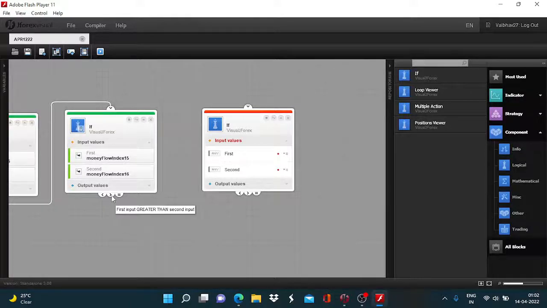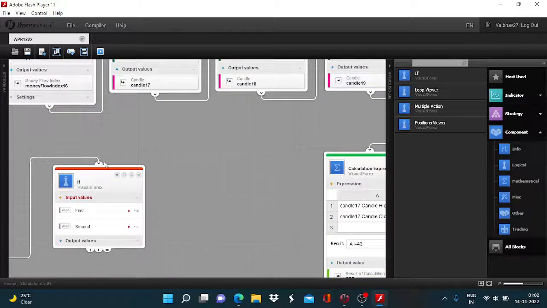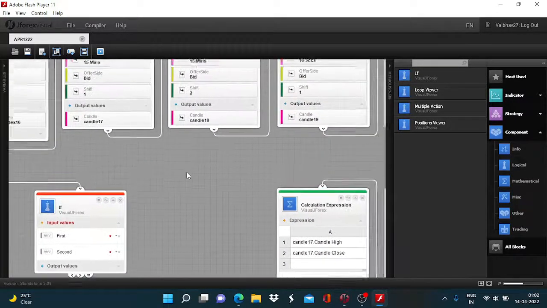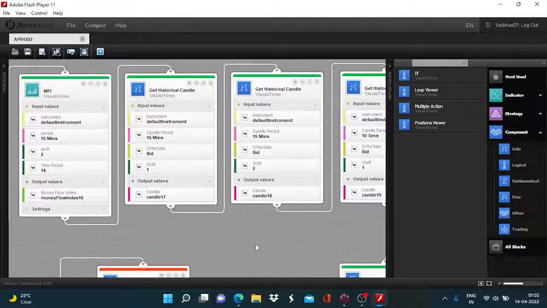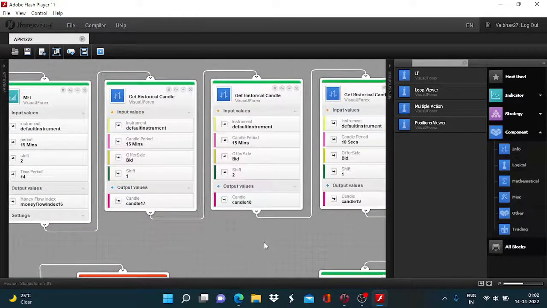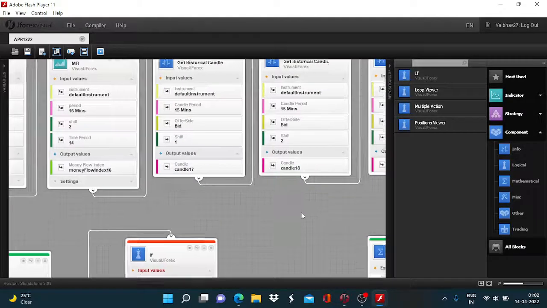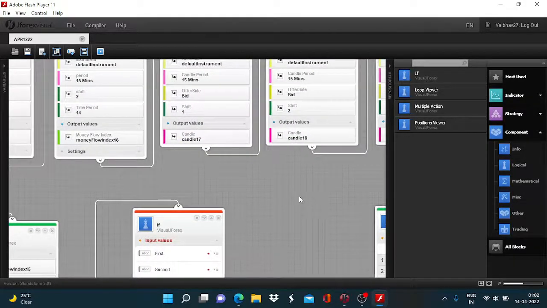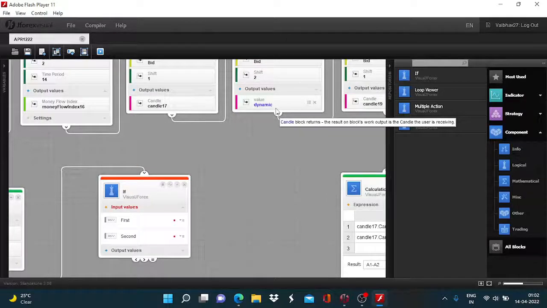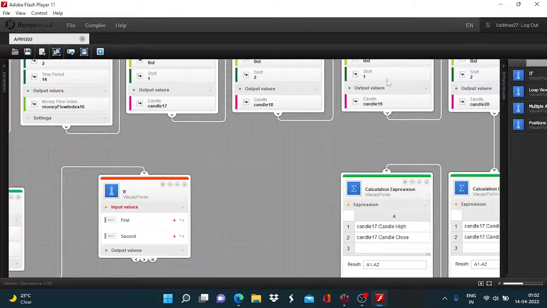First input greater than. Then we consider the price action data, where we will need the closing value of the last 15-minute candle to be lower compared to the penultimate 15-minute candle, which is candle 18. So the candle close of candle 17 needs to be lower than the candle close of candle 18.